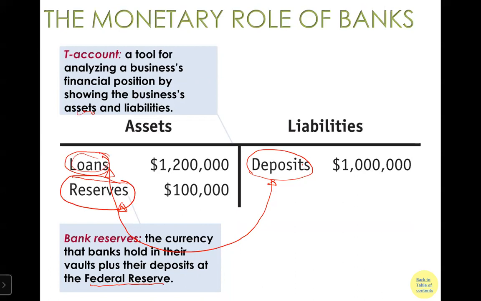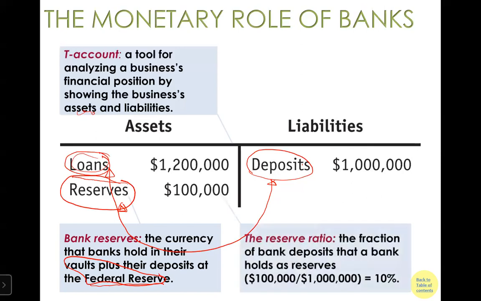But in either case, both are used to deal with the potential case where the savers want to withdraw cash from the bank. The reserve ratio, which is the fraction of bank deposits that a bank holds as reserve, in this case is 100,000 divided by 1 million, which is 10%.